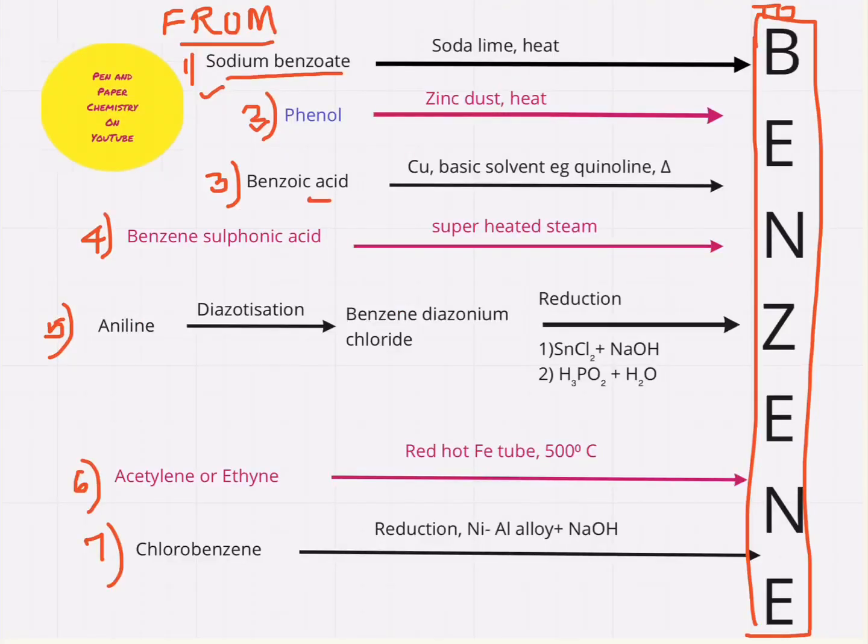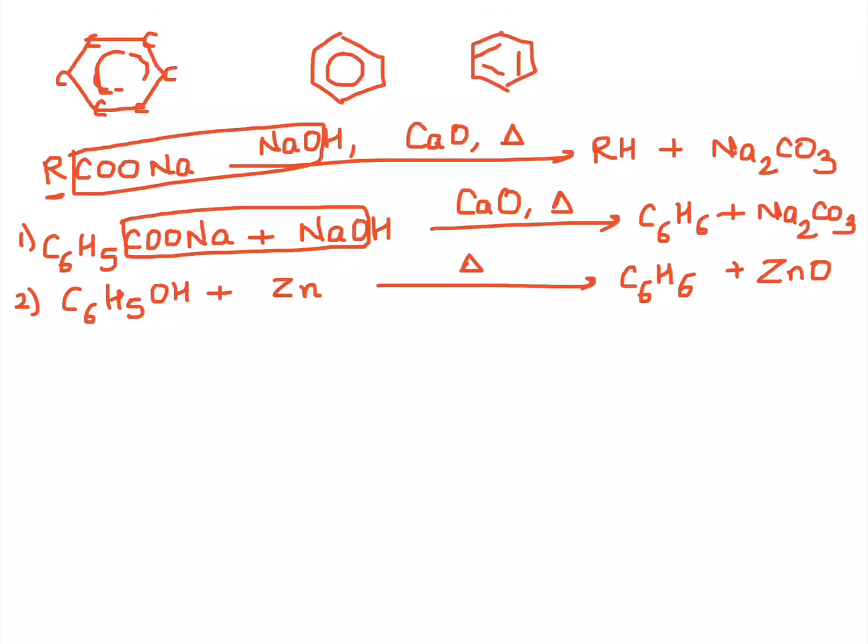Benzoic acid. Now it's an acid. Acid means it's got the COOH group, right? So we have to remove this CO2 from here. So what do we do? We heat it with copper in the presence of a basic solvent, for example quinoline, and heat. Let's write the reaction. Benzoic acid. Yes, you have to be very, very sure about the system of nomenclature, right?